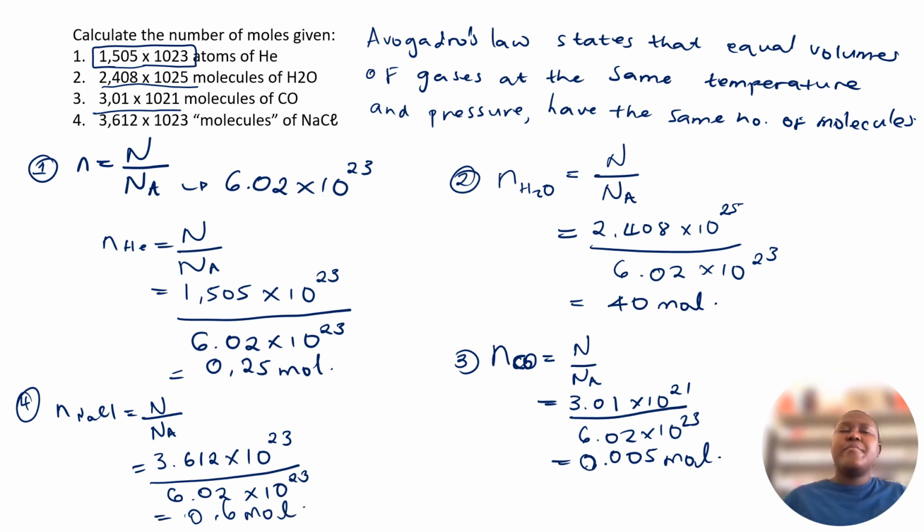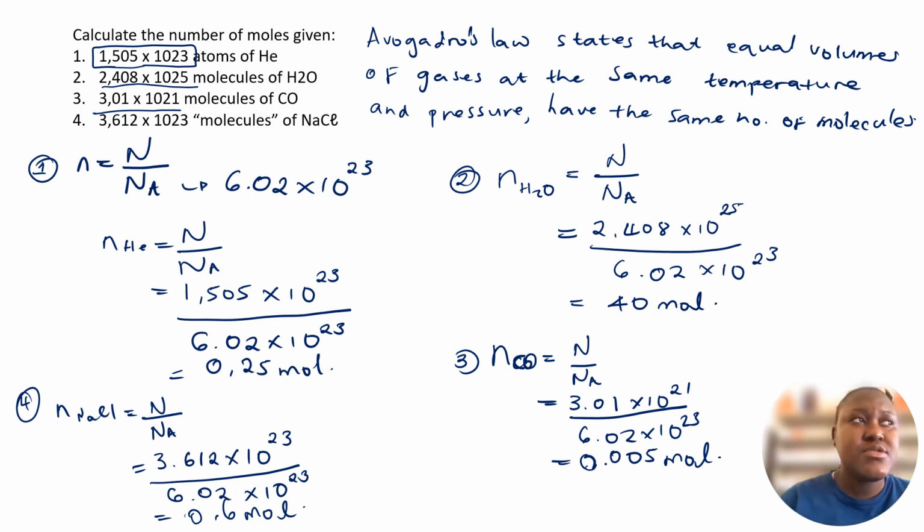What you need to remember is Avogadro's law: when you have gases with the same volume at the same temperature and the same pressure, the number of molecules of those gases will be the same. You also need to know Avogadro's constant, which is 6.02 times 10 to the power 23.